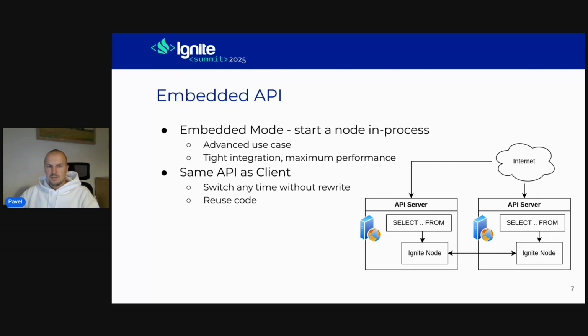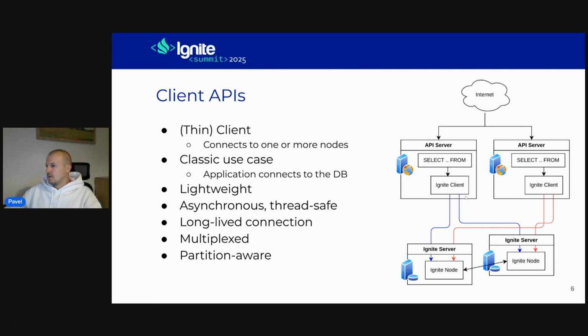Another use case for embedded API is compute jobs, which run on the server nodes. So even here in the client scenario, when you send the compute job to the server, your code runs on the server, and it uses the Ignite API through an embedded instance that is given to your job.